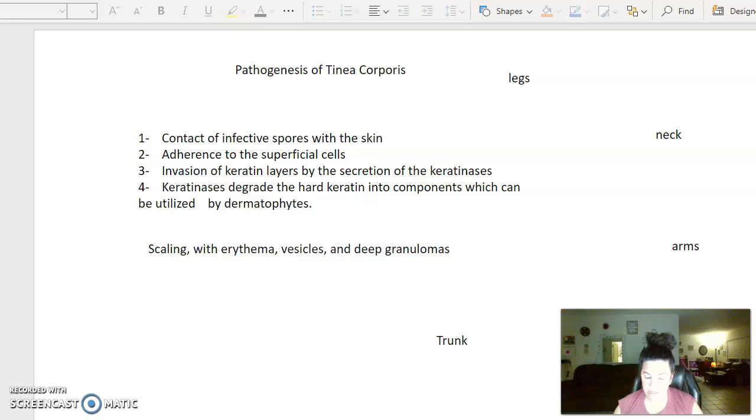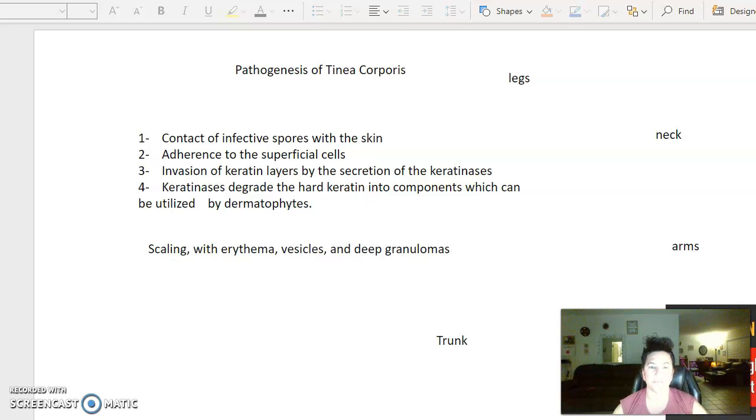After adhering to keratinocytes, if the arthrospores successfully evade the host and its immunity, they're going to adhere, germinate, and grow.